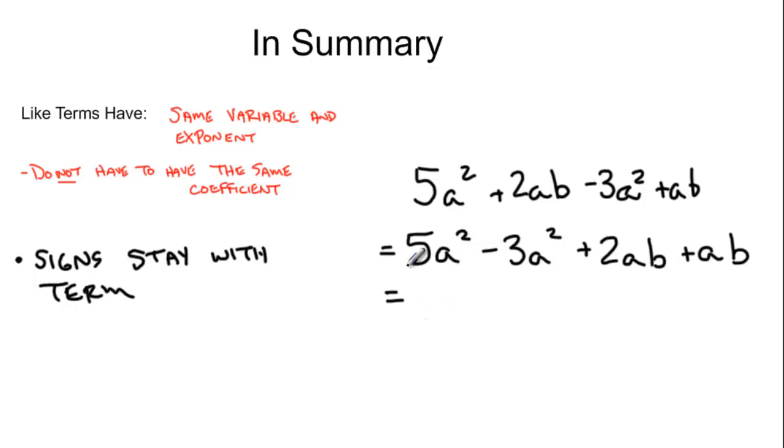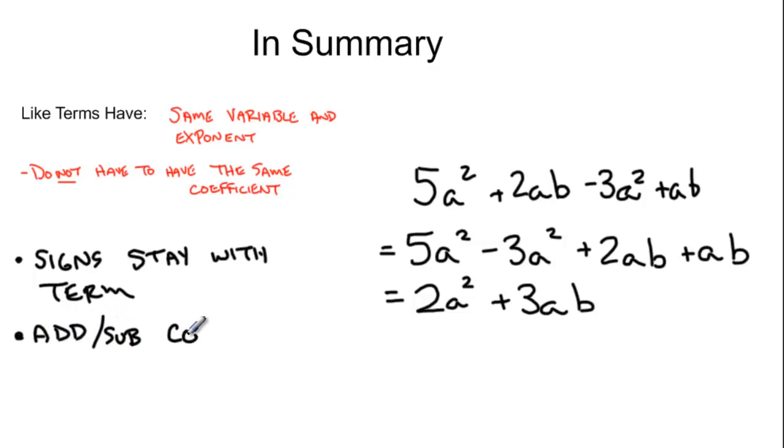I then add or subtract the coefficients of like terms from each other. 5 take away 3 is 2 a squared. 2 plus 1 is 3ab. Again, I add or subtract coefficients only.